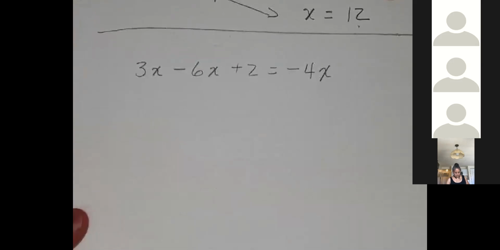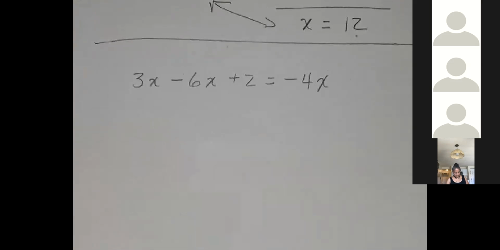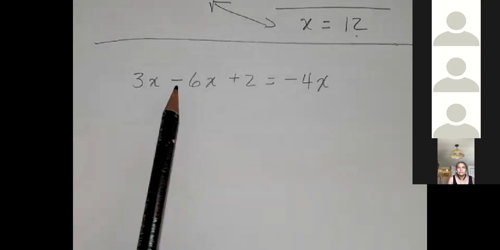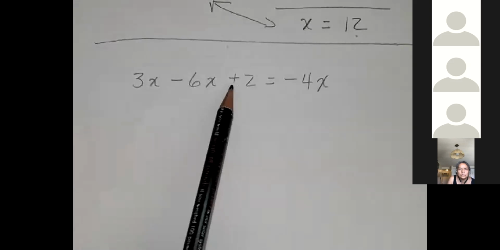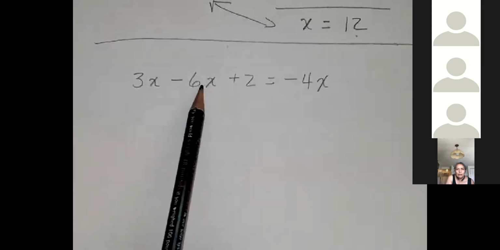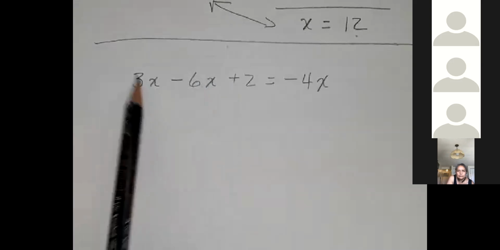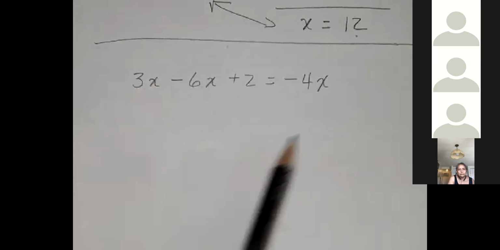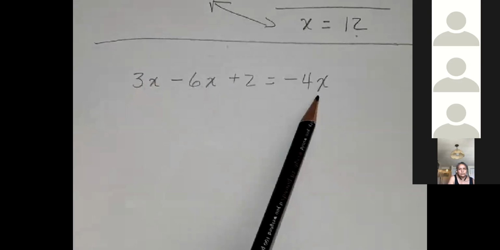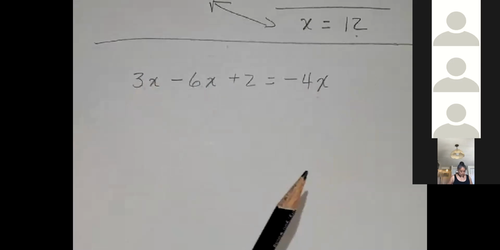Okay, here we go. Ooh. This one looks like it has subtraction, addition, multiplication, and multiplication. And look, it has the variable on both sides. Oh my gosh, does it get worse than this?